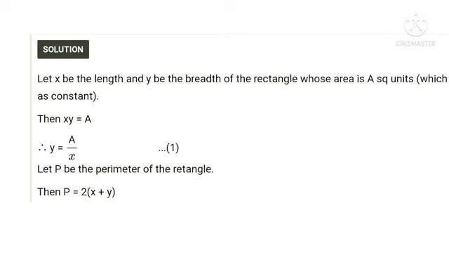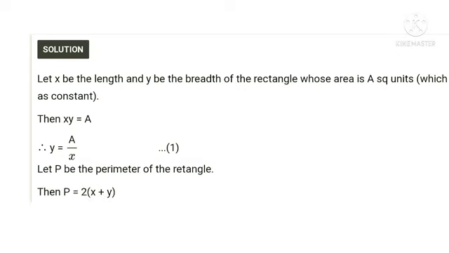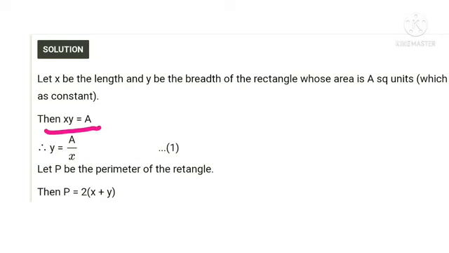Now you know what is the area of rectangle. Area of rectangle is equal to length into breadth, then xy is equal to a, so we get y is equal to a upon x.